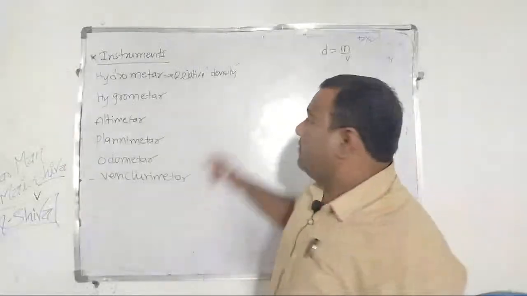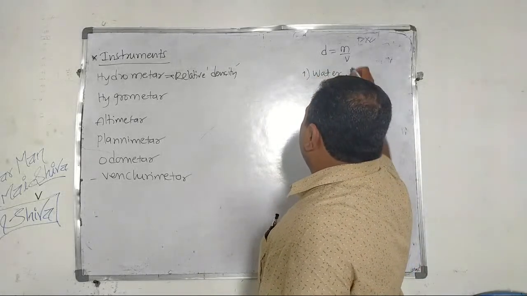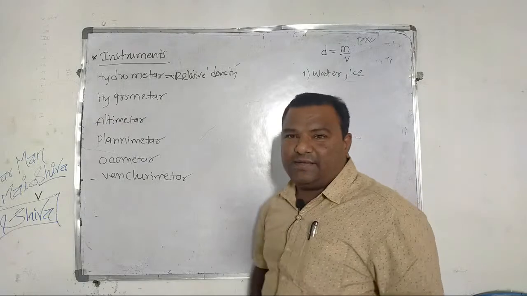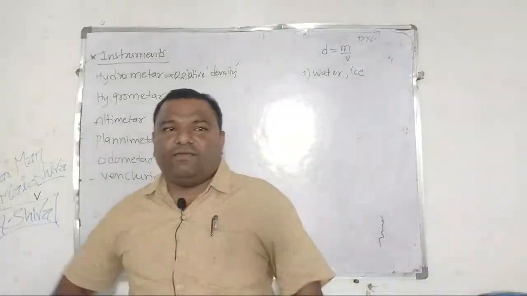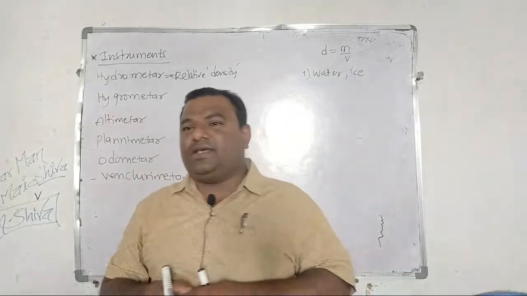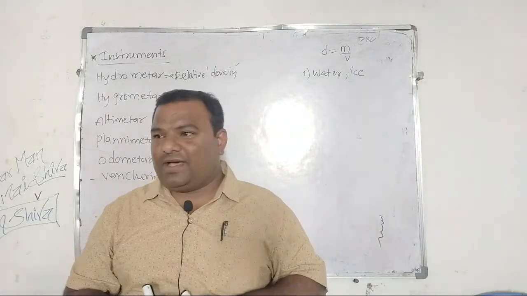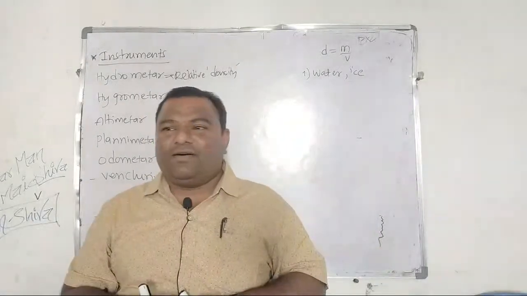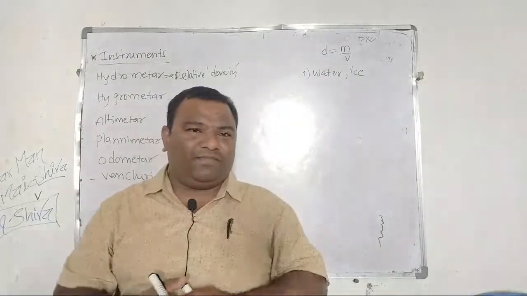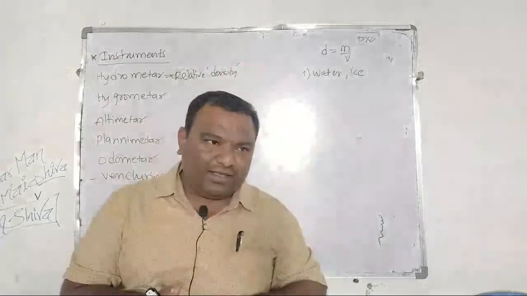For example, water and ice, which is more density? If you take water and keep ice cubes, which is on the bottom side, ice or water? Ice, top, and water on the bottom side.